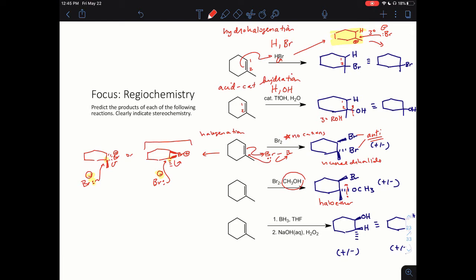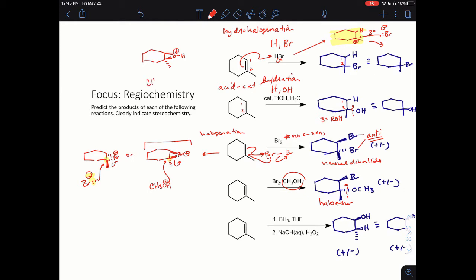But in the presence of an alcohol or water, instead of bromide opening up the bromonium ion, we could see methanol, or whatever the oxygen-based nucleophile is, open up that bromonium ion. Again, this reaction is really similar to if we'd had the analogous protonated epoxide.